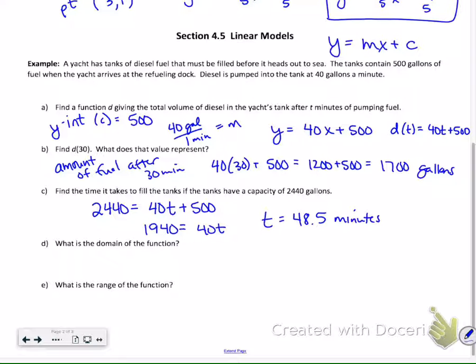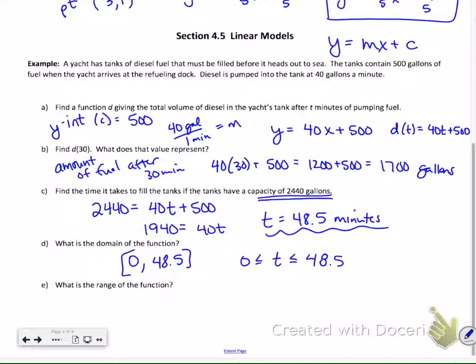Also, this tank has a capacity of 2,440 gallons, and that happens at this amount of time. I can't have a time that goes past that. So my domain is going to go from 0 to 48.5, or 0 is less than or equal to t is less than or equal to 48.5.